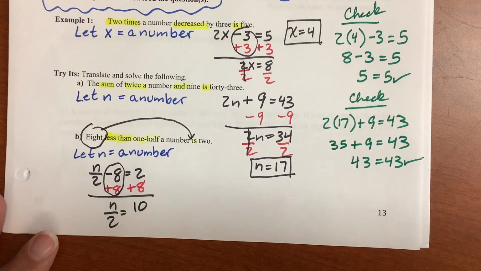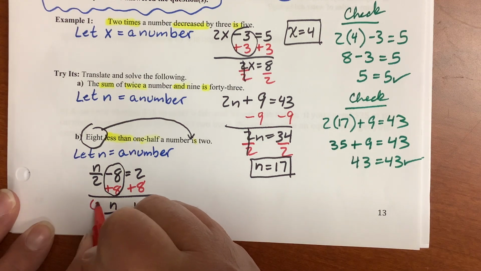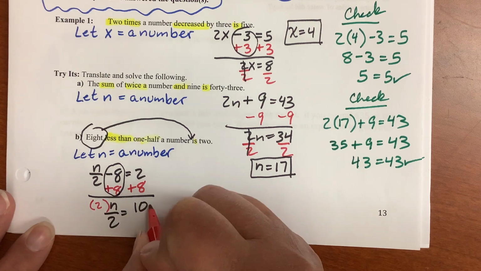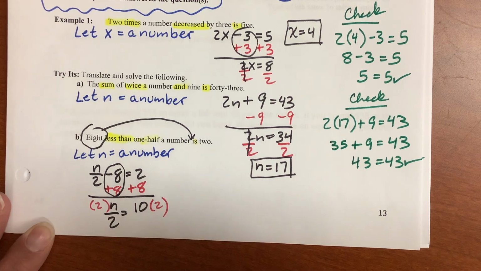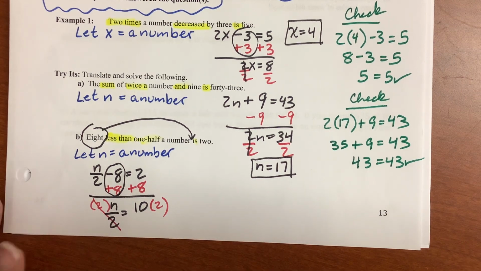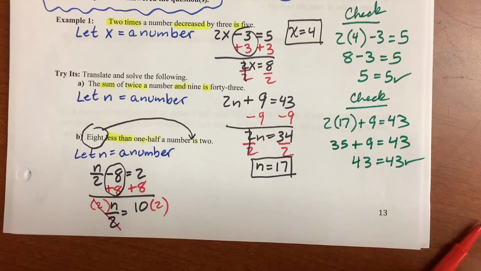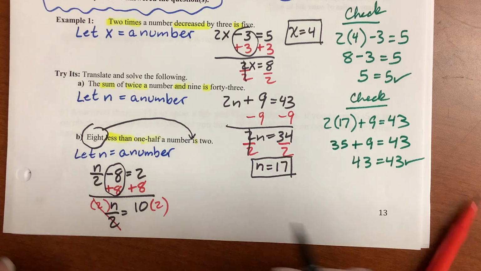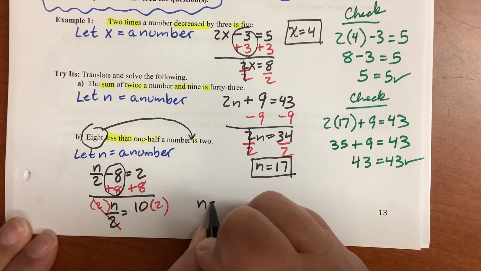Okay, the opposite of divide by 2, multiply by 2. So I'm going to multiply n times 2 and 10 times 2. 2 divided by 2 is 1, and 10 times 2, n equals 20.